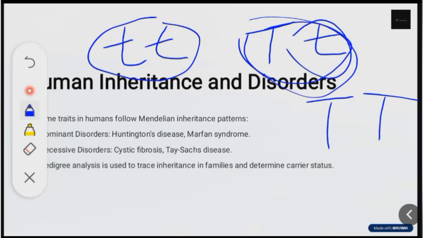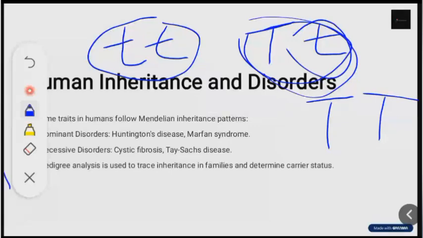This is a neurodegenerative disease whereby your brain cells start to die out. Eventually with age, you start having uncontrolled motions, and then dementia, you start forgetting things and all. Another one is also Marfan syndrome.